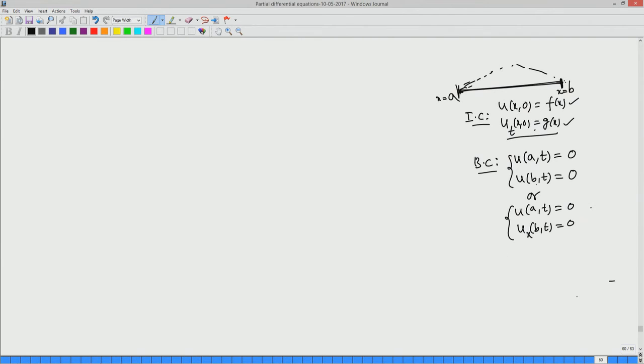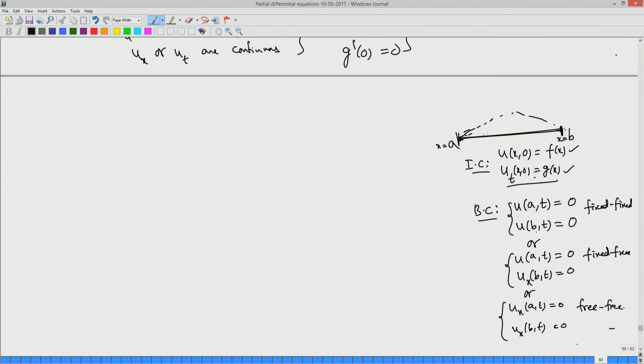So, this is like one end fixed, it is like fixed free, okay. This is fixed at both ends. Like that you can have a combination, u x at a,t is also 0, u x at b,t is also 0. So, this is like free at both the ends. Like this you can have.